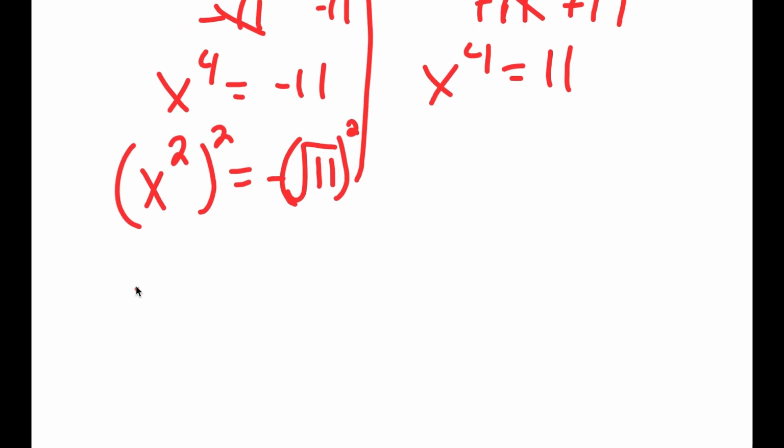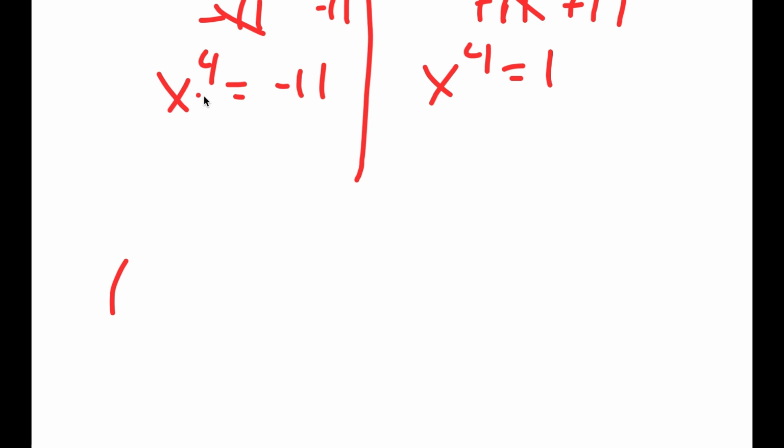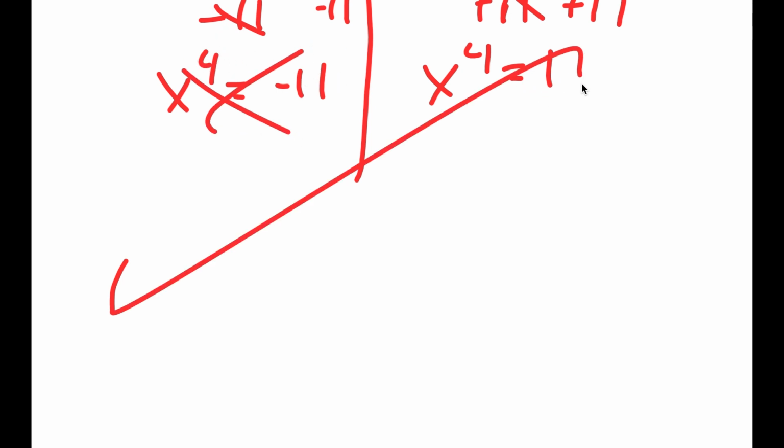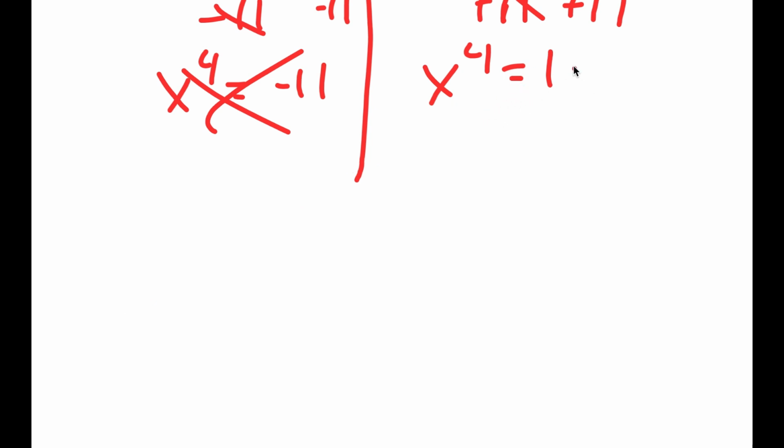And now this means that x squared to the power of 2 actually has no solution, because I have a number to the power of an even number exponent equaling a negative number. So this is wrong. x to the power of 4 is equal to 11.